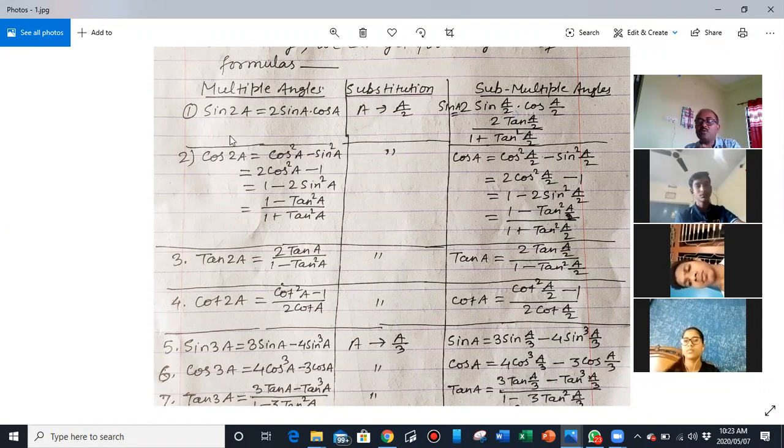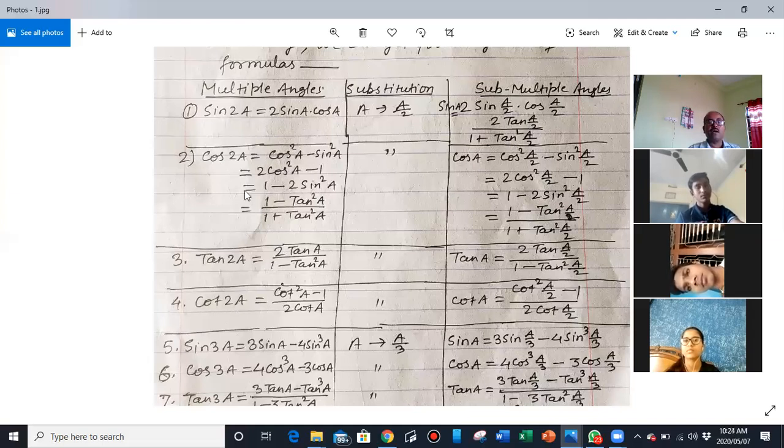What was sin 2A in terms of tan A? Can you recall? 2 tan A by 1 plus tan square A. Yes. If A is replaced by A by 2, then it will take this form: sin A equals 2 tan A by 2 by 1 plus tan square A by 2. Simply A is replaced by A upon 2.